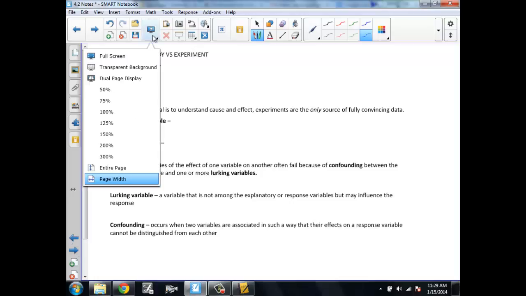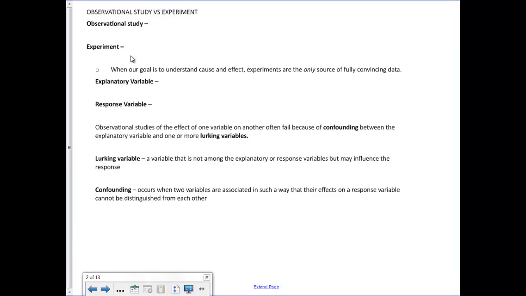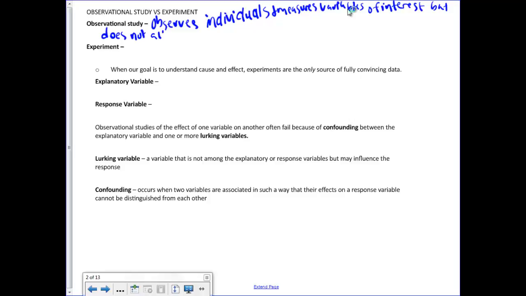Observational study versus experiment. An observational study observes individuals and measures variables of interest, but does not attempt to influence the response.